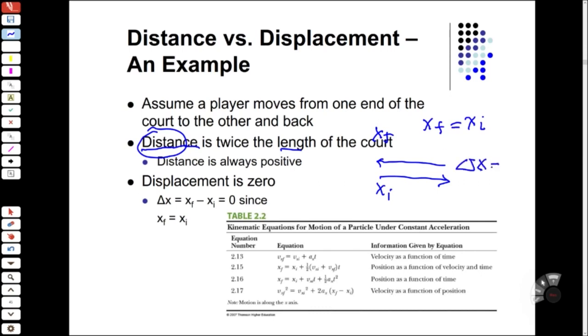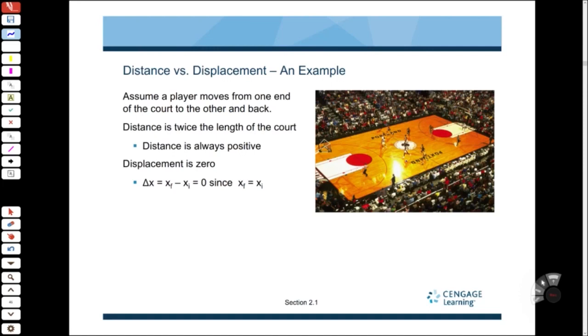So the displacement is 0, but the distance is twice this distance. If the one-way distance is d, then the total distance is 2d, but the displacement is 0. Here is just an illustration of this concept using the basketball player.